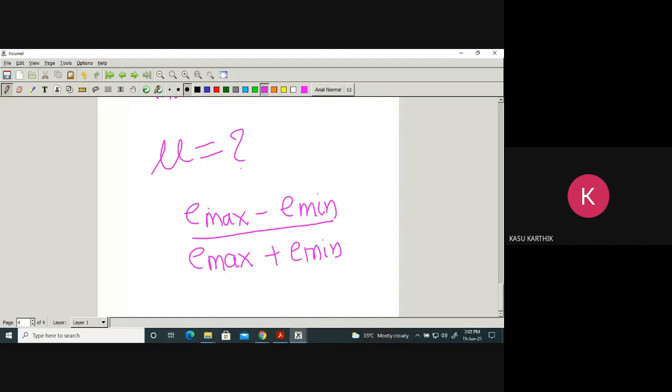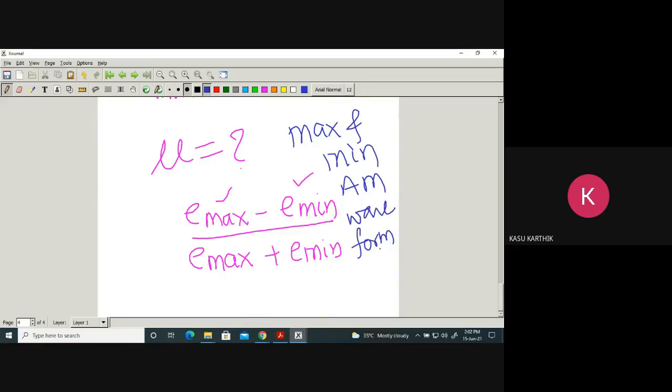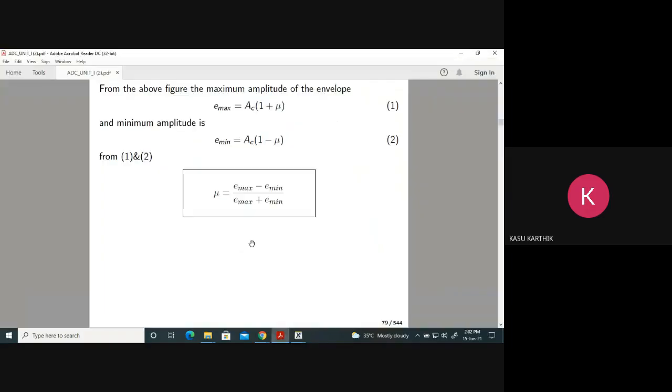These maxima and minima are of the AM waveform. So till now we have seen two formulas: mu equals Ka Am, and mu equals E maximum minus E minimum by E maximum plus E minimum.